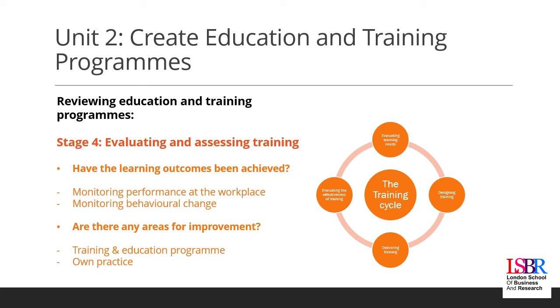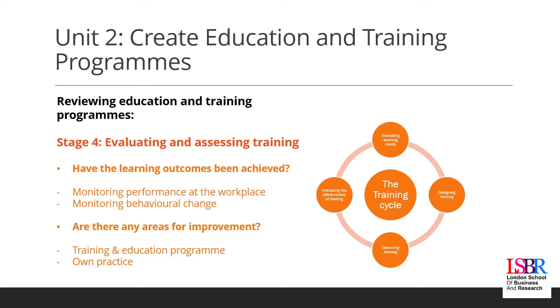Also, as part of the evaluation and assessment process, it is important that we think about areas of improvement of the actual program, but also when it comes to your own practice as a training and development practitioner.